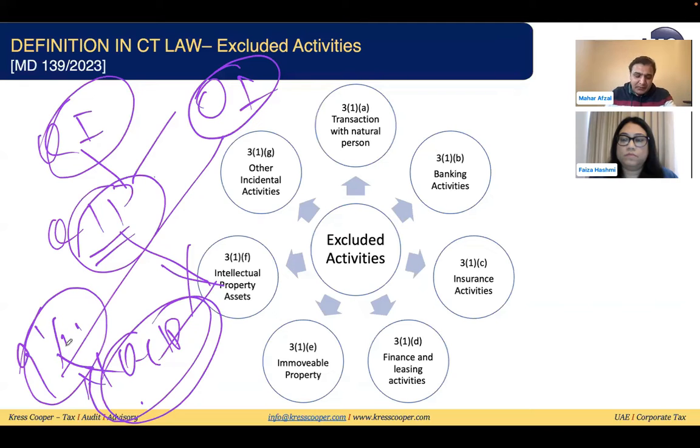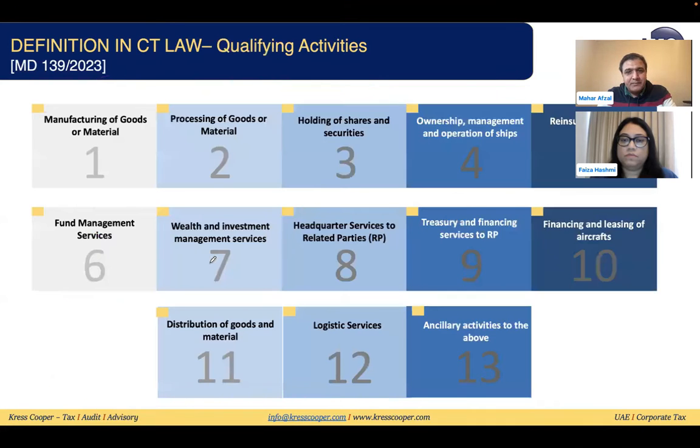So they have removed this activity from the excluded activities, and they have given a specific formula for how much portion of the qualifying income of the qualifying intellectual property will be considered qualifying income. The rest of the income and income from the non-qualifying intellectual property will be straightforward subject to tax at 9%, and it will not be considered for de minimis criteria.